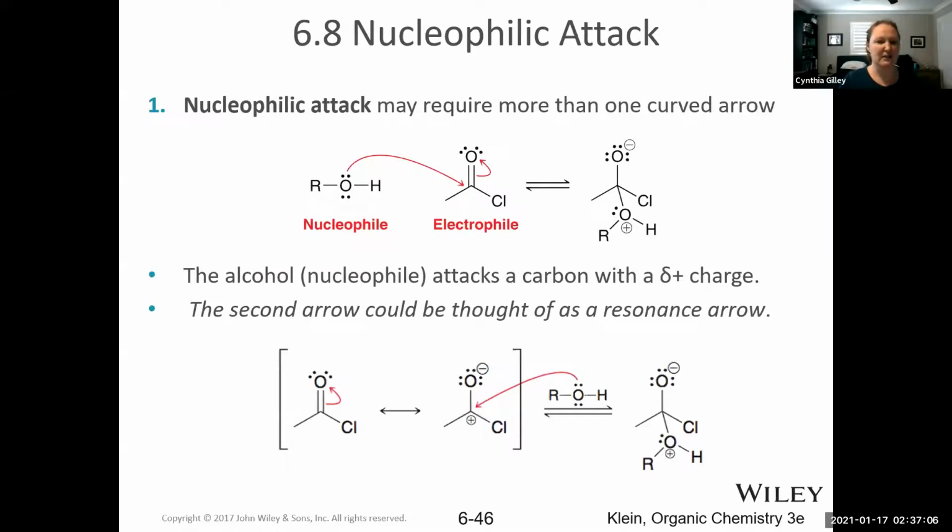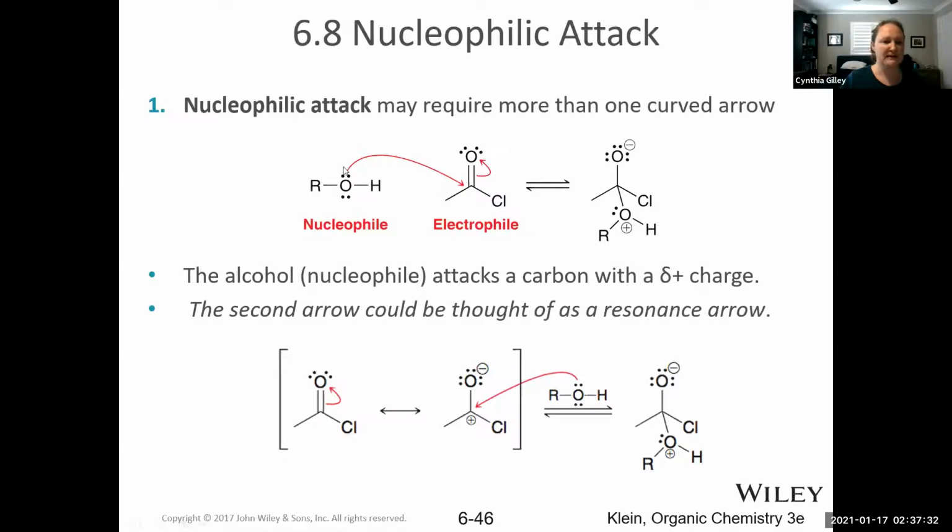Here's another example of a nucleophilic attack that's a little more complicated than the one on the previous slide. Specifically, we are attacking the carbonyl carbon of this acyl halide, which is one of our functional groups that hopefully you're studying. And in this case, we need to use 2 arrows to show this nucleophilic attack.